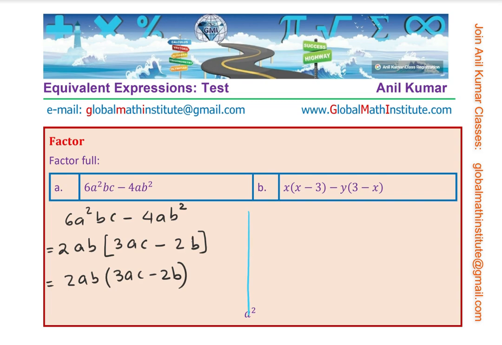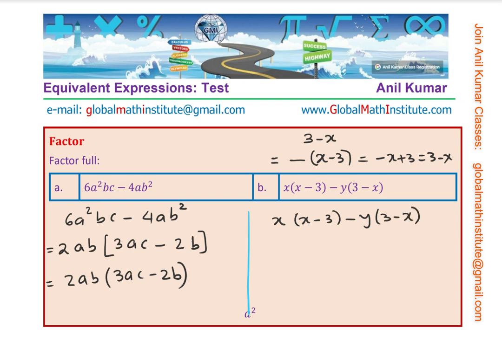Now the next one is kind of important to understand, that we have terms which is 3 minus x. Now 3 minus x is the same as minus of x minus 3. Do you realize that? So when you open, you do get minus x plus 3, which is the same as 3 minus x, right? So that is the concept which is being used in factoring of the second one. So let's begin by writing x times (x minus 3) minus y times (3 minus x).